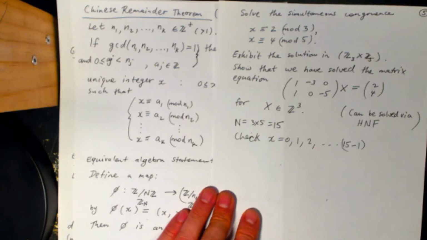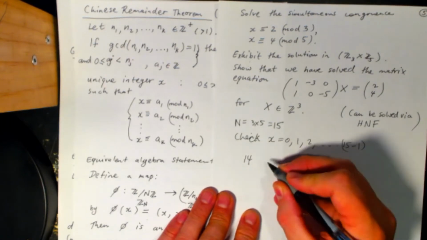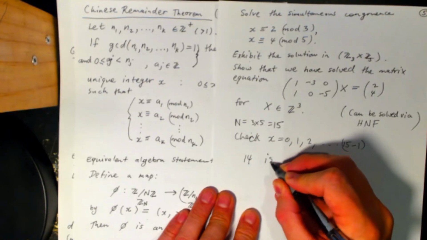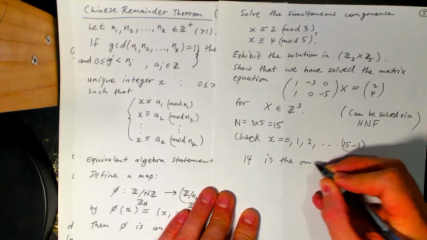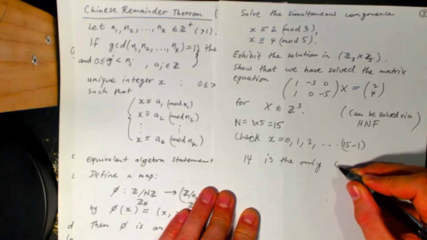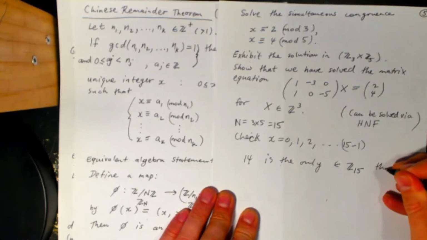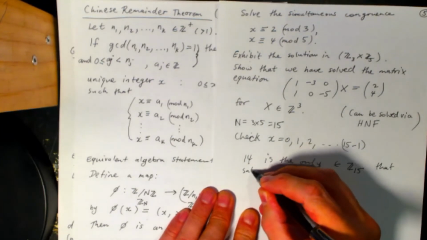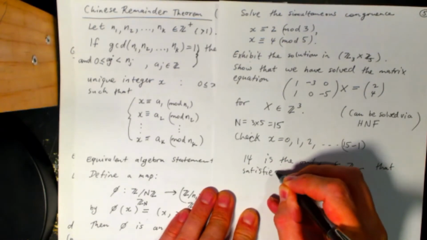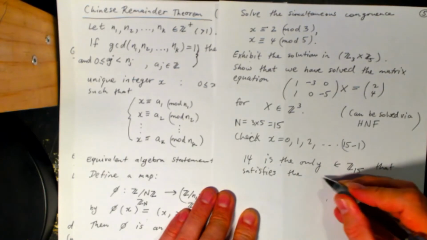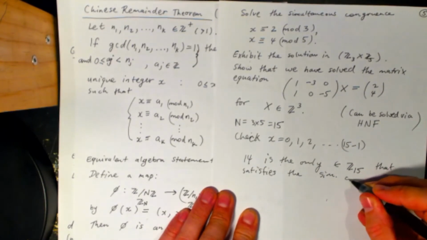Finally, you get up to 14. 14 is the only element of integers mod 15 that satisfies the simultaneous congruence.